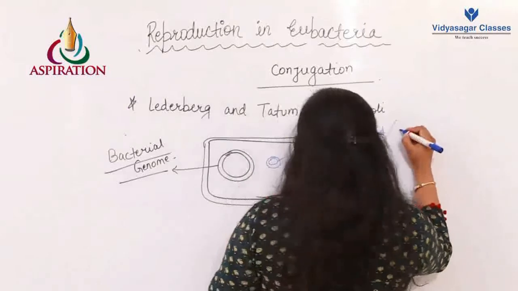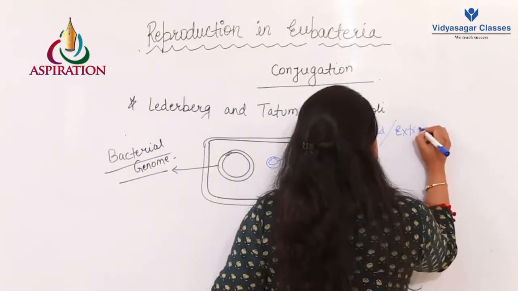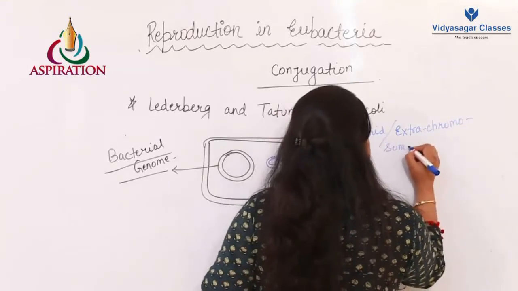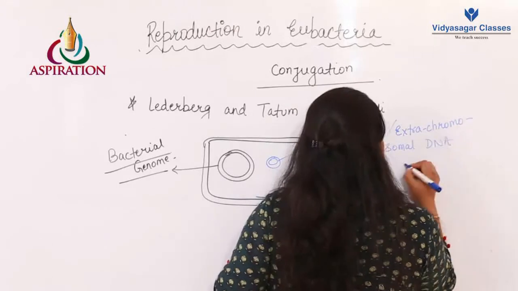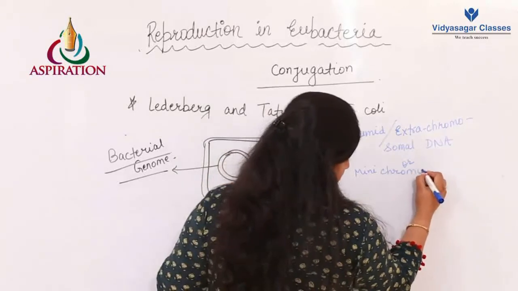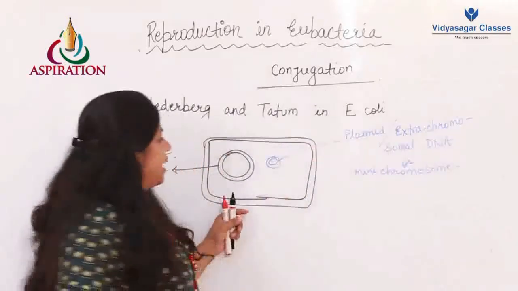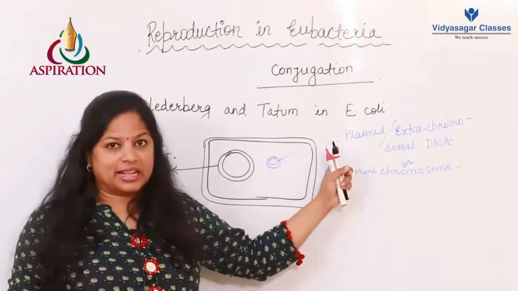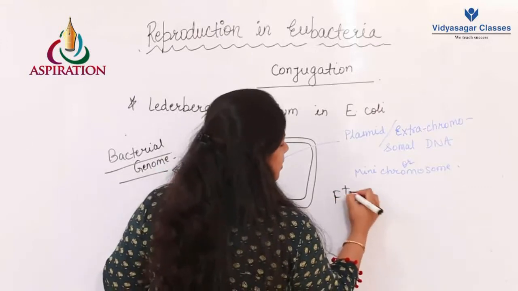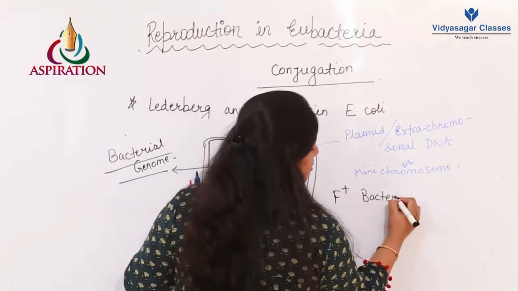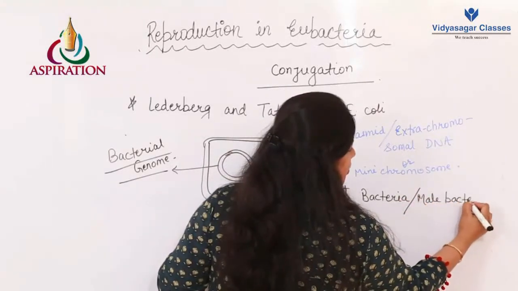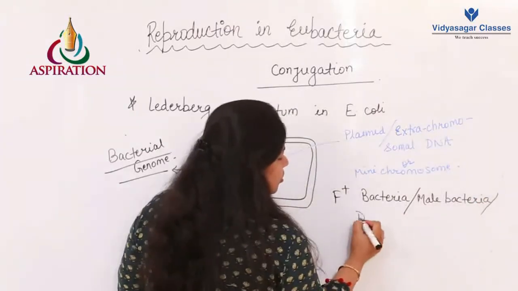It is also known as extrachromosomal DNA or mini chromosome. The bacteria which has the plasmid is known as F plus bacteria or male bacteria or donor bacteria.